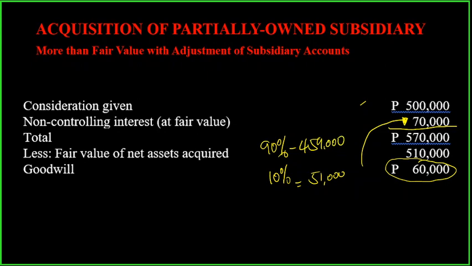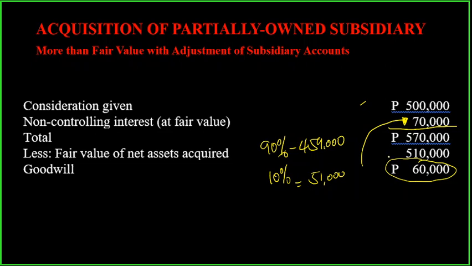We have what we call full goodwill and partial goodwill, which we will discuss a little later. Also, there are some assumptions that you have to consider, like the fair market value of the non-controlling interest if it is not given. In this case, it's given.